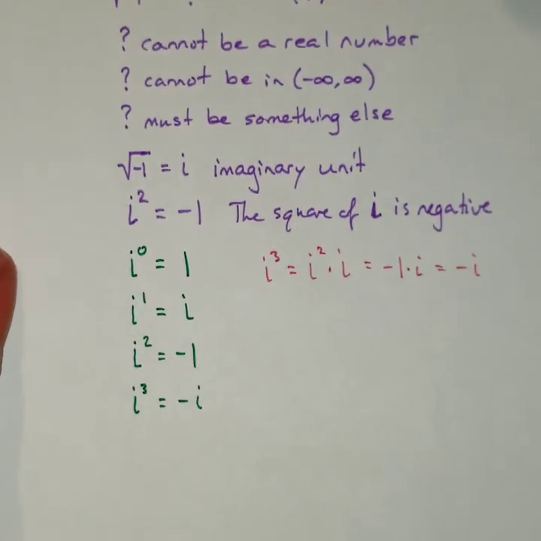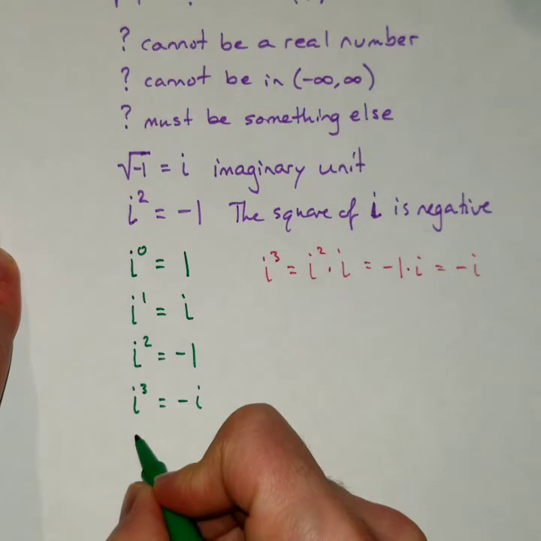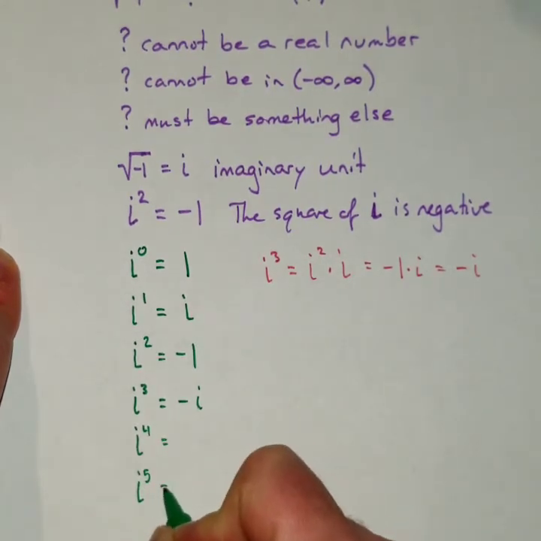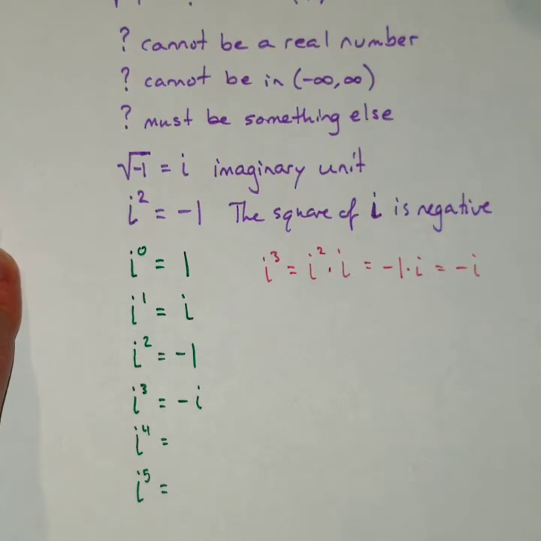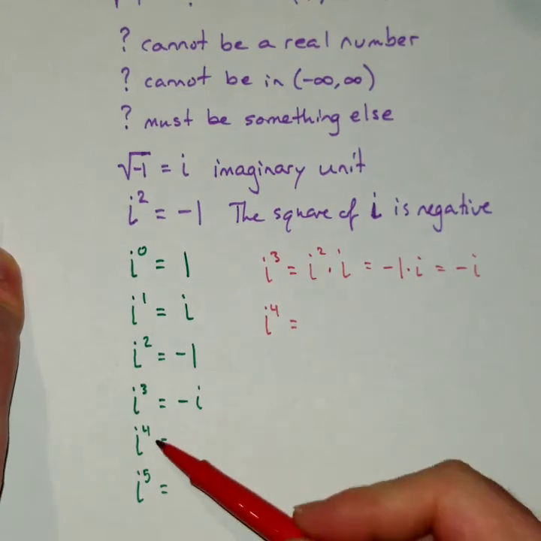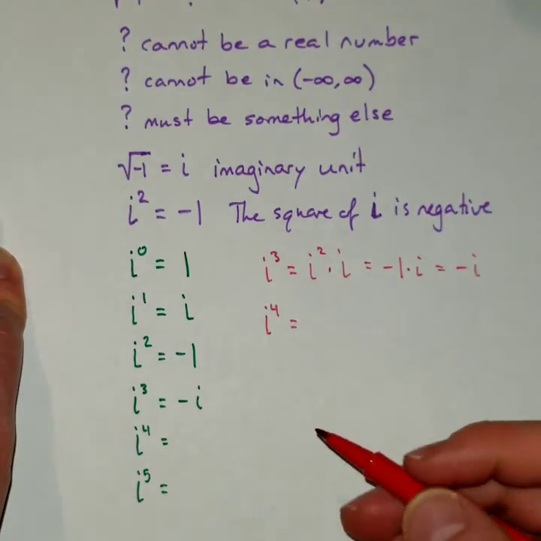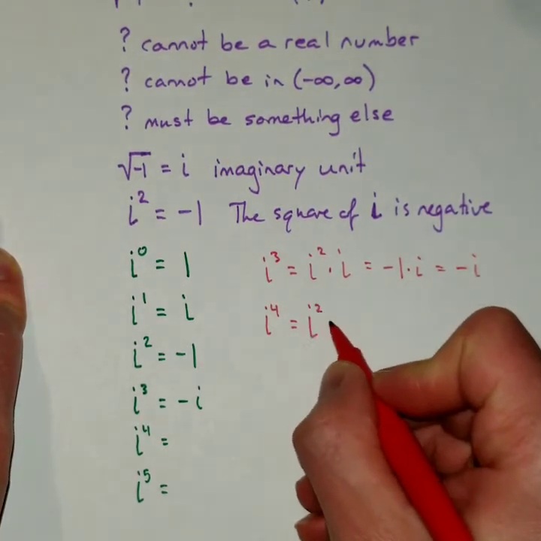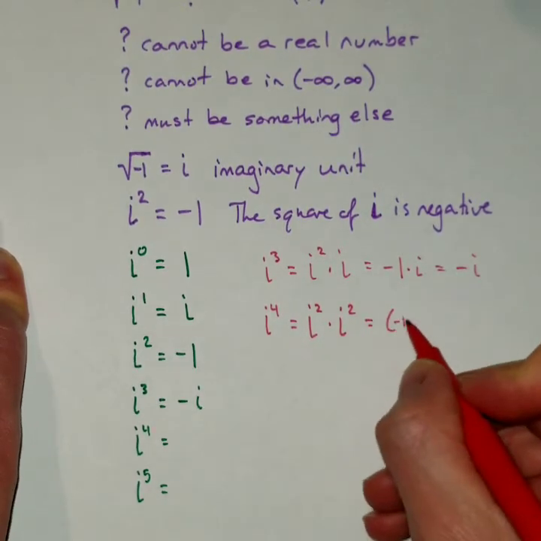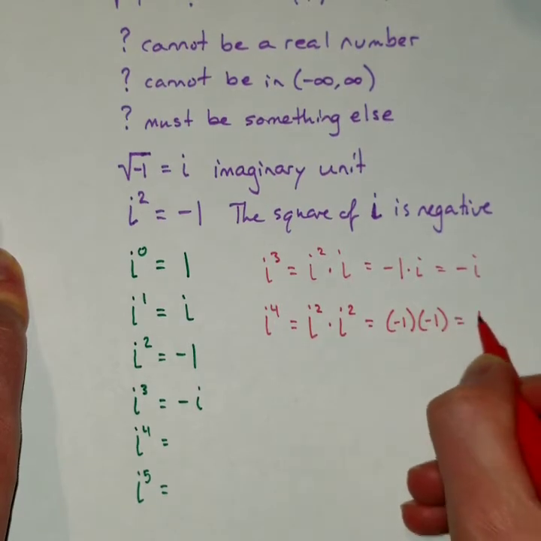What's also interesting is that if I were to do this again for i to the 4th and i to the 5th, we're going to find some pattern evolve here. i to the 4th, you could create from previous values. It's really i squared times i squared. i squared being -1, so it's -1 times -1, which of course is just 1.